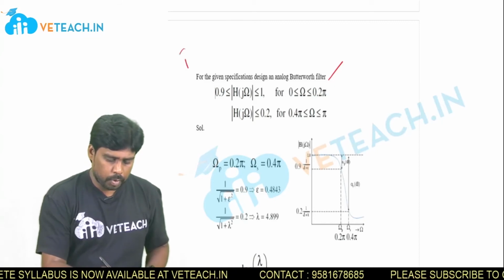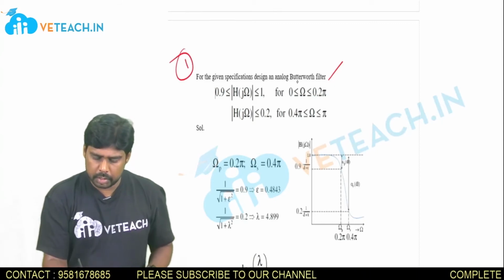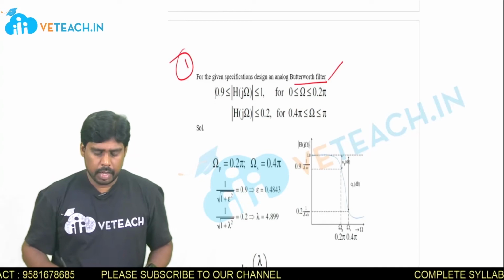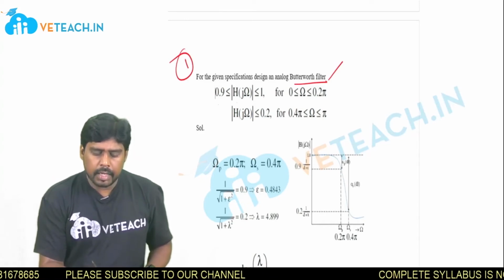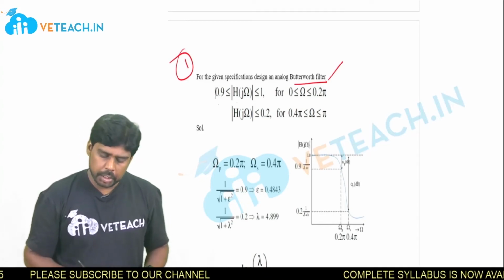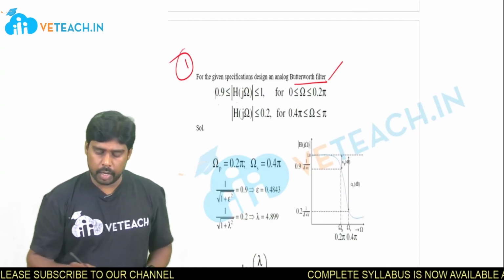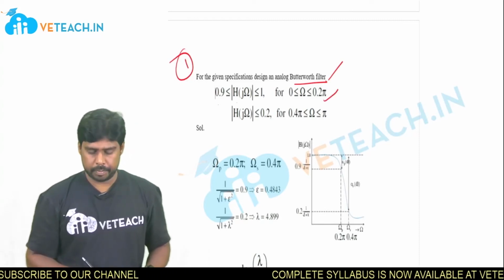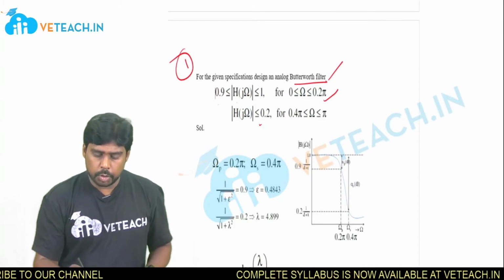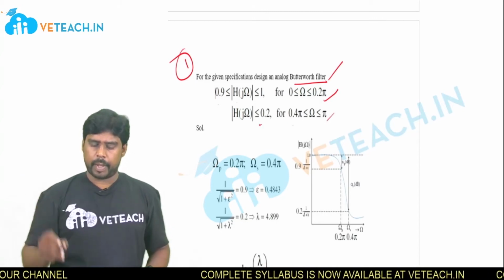Now look into this problem here. This is problem 1 using Butterworth approximation method, and see 0.9 is less than or equal to magnitude less than or equal to 1 up to 0.2 pi, and it is less than or equal to from 0.4 pi to pi.